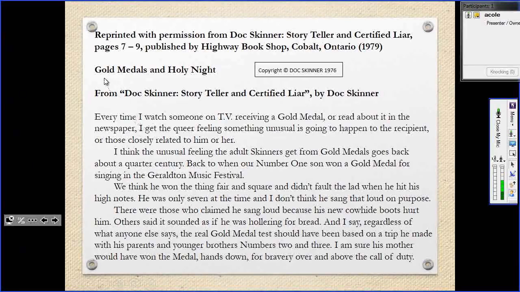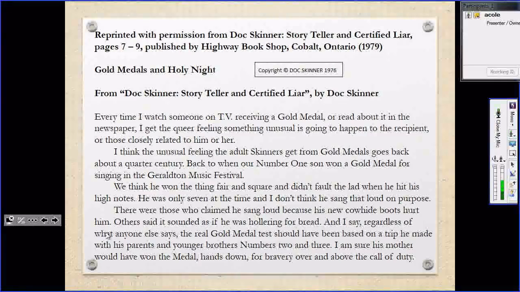Gold Medals and Holy Night. Every time I watch someone on TV receiving a gold medal or read about it in the newspaper, I get the queer feeling something unusual is going to happen to the recipient or those closely related to him or her. I think the unusual feeling the adult Skinners get from gold medals goes back about a quarter century, to when our number one son won a gold medal for singing in the Geraldton Music Festival. We think he won the thing fair and square and didn't fault the lad when he hit his high notes.